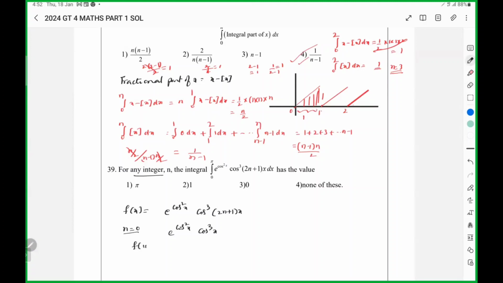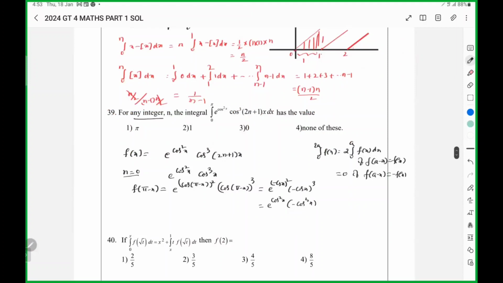If dx is 2 times dt, if f of t goes to e power minus cos x whole square minus cos cube x, which is minus f of x, integral value 0.